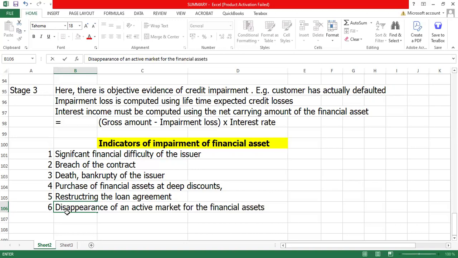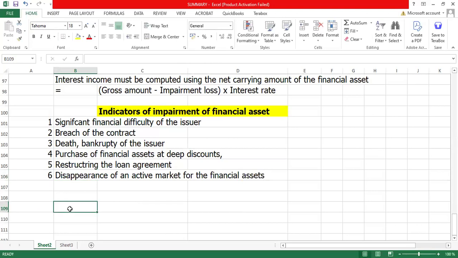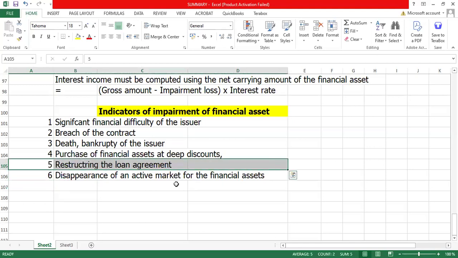I think these are enough, but you can add more. Here, restructuring, you try to negotiate on the interest rate, like to reduce your interest rate, in that kind of setup.